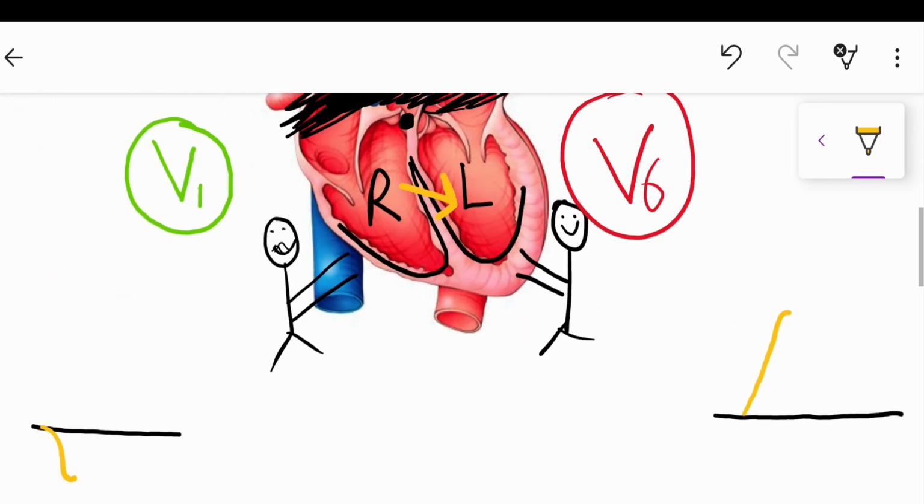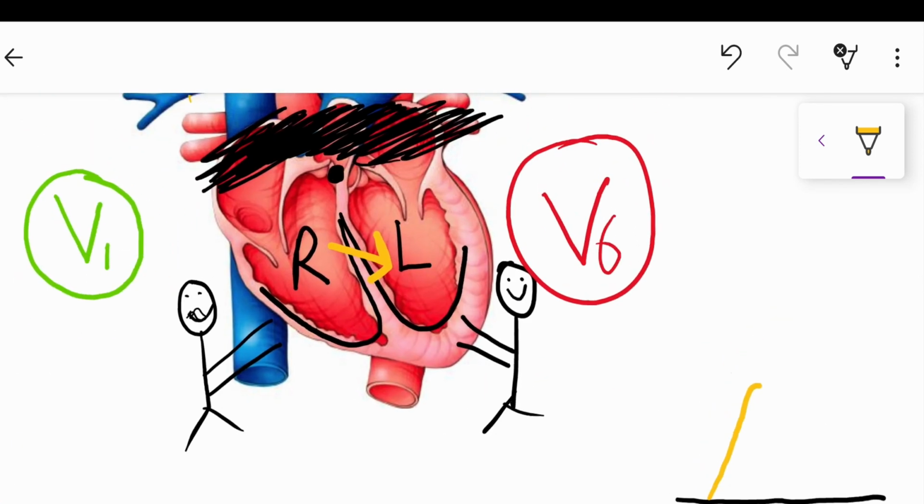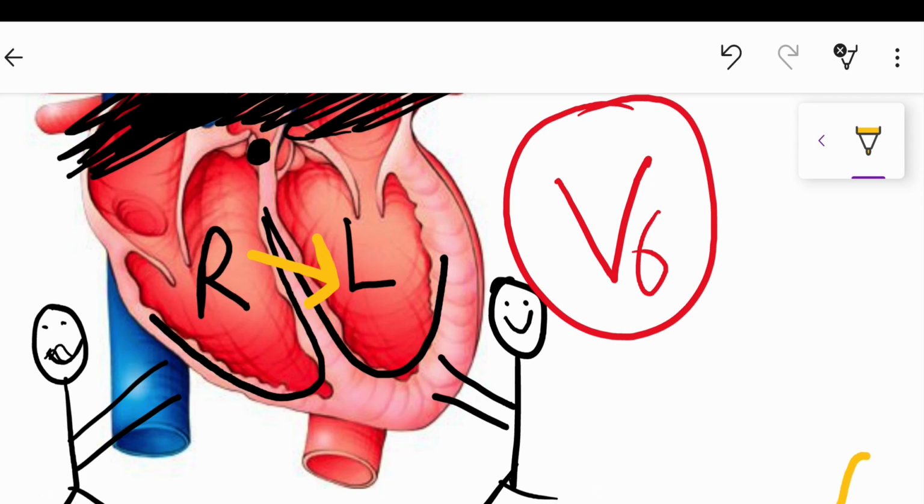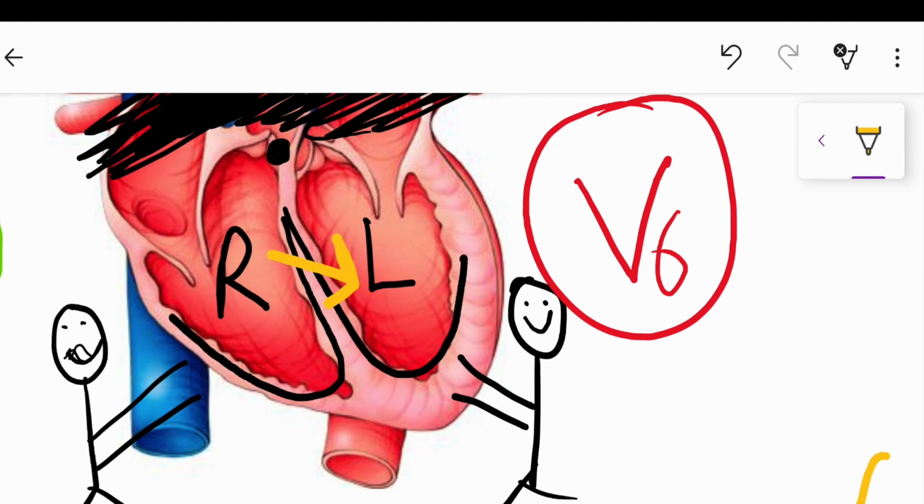Now what's going to happen? Same concept. Initially the right one was offline in the right bundle branch block. Now the left one is offline. What's that going to mean?